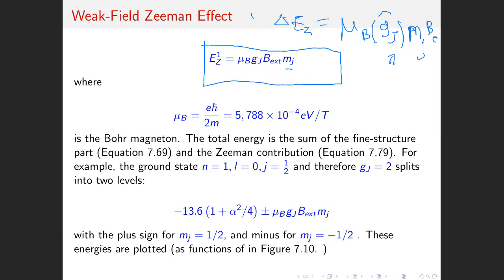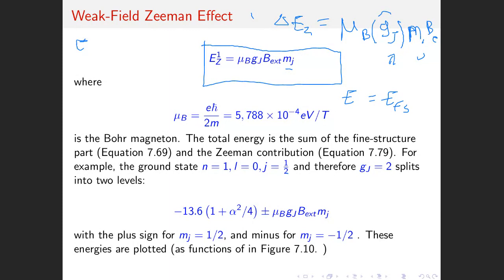But the total energy is given by the fine structure energy, which doesn't change, because the Zeeman Hamiltonian is the one which is much smaller, so the fine structure is treated as a perturbation too. This doesn't change, so it's the same result that I got previously.